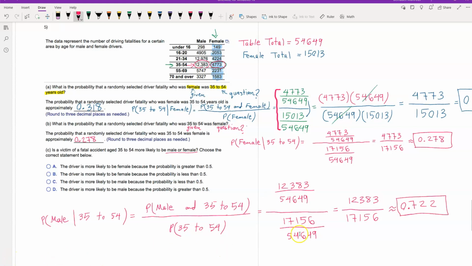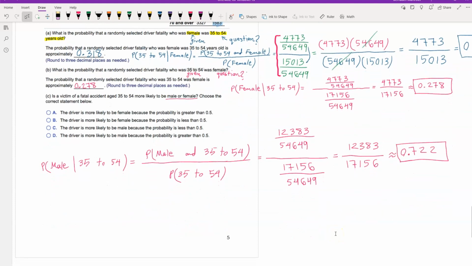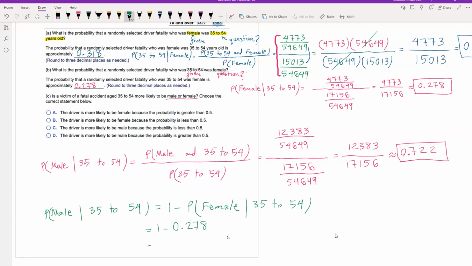So find the answer this way, or the probability of male given 35 to 54 is equal to 1 minus the probability of female given 35 to 54. So 1 minus what we had for the probability of female given 35 to 54, that was 0.278. So the answer here is 0.722.